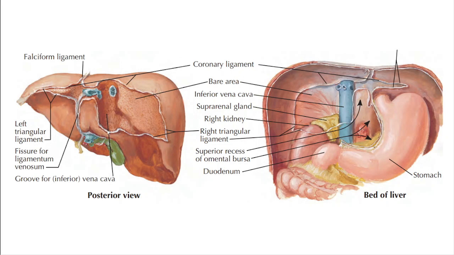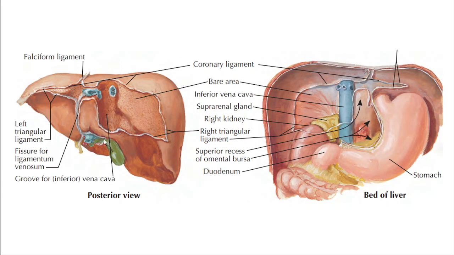Then the lower layer of right coronary, after covering the groove for IVC, again goes upwards along the right margin of the caudate lobe. Then it goes to the left, then enters the fissure for ligamentum venosum. Here it is continuous with the posterior layer of lesser omentum. Then it goes around the porta hepatis, the posterior layer of the lip of porta hepatis.